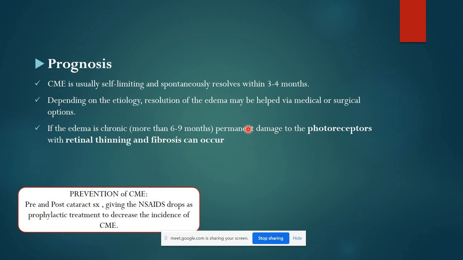So these are the things which you have to consider. Then when it comes to prognosis, CME is usually self-limiting. Though it resolves within a limited time, we still need medical care so that there is proper management.